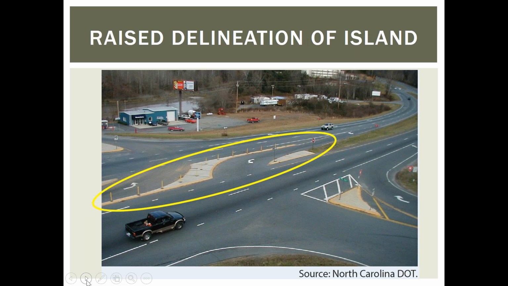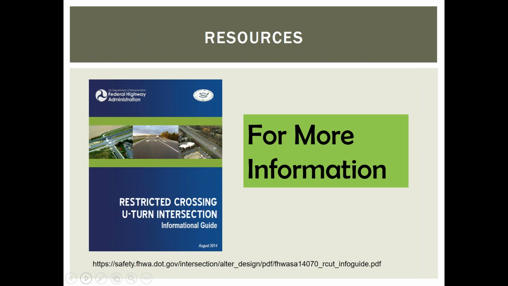And another option with markings or delineation, North Carolina started to use this approach to just add a little more target value to that median channelization, and hopefully discourage the illegal cutting across a maneuver. But other than that, nothing really too unique or different about signing and marking for an R-CUT.